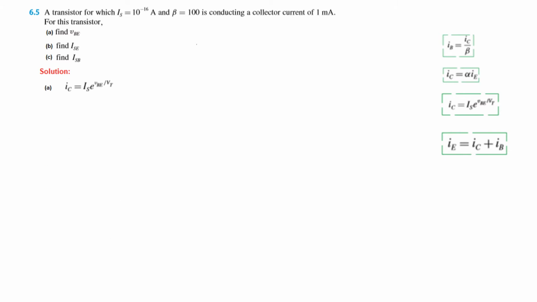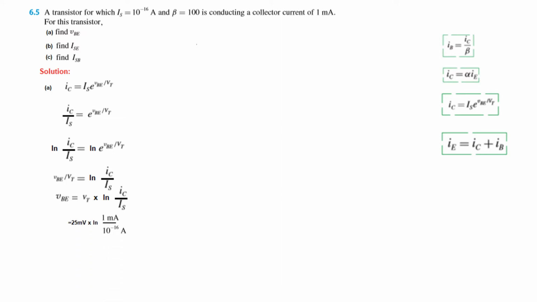So let's start. We'll use this formula for collector current. Manipulating, bring it to the other side, taking logarithm on both sides. So we get, when we take log, this e term goes, so we get VBE over VT equals log natural IC over IS, and from here VBE is VT times log natural IC over IS.